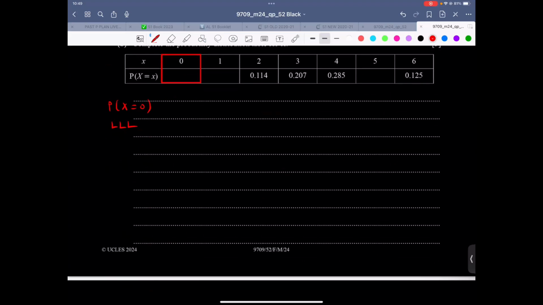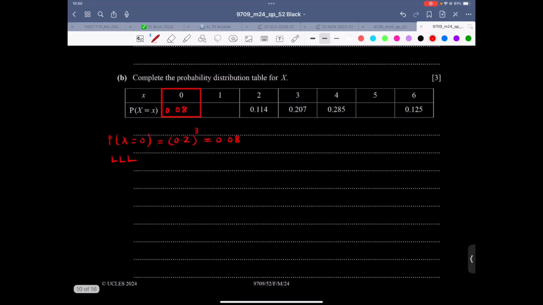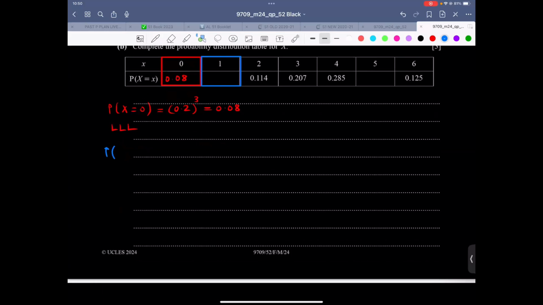They are all 3 identical, so it's only one option, that is 0.2 raised to the power of 3. That comes out to be 0.008. So that goes over here. What about the next one? That is probability X equals 1, which means a total score of 1.